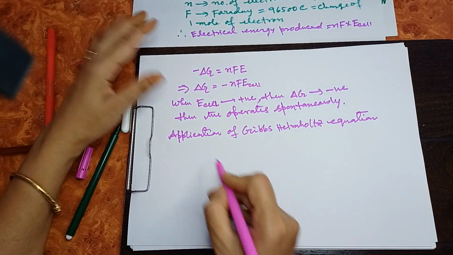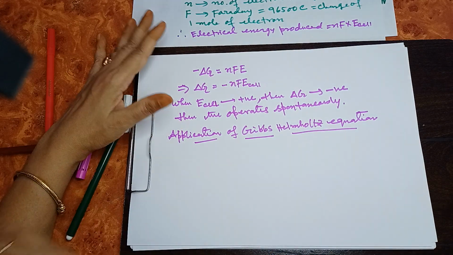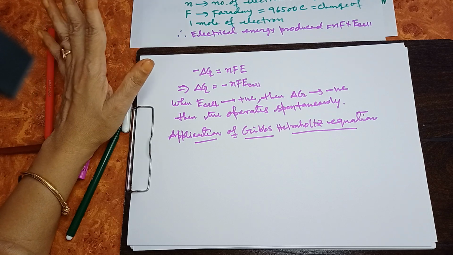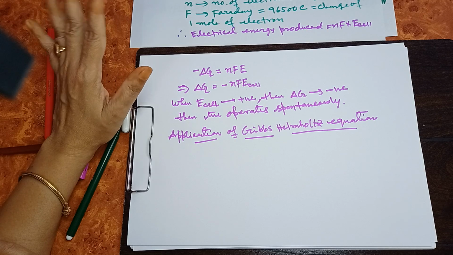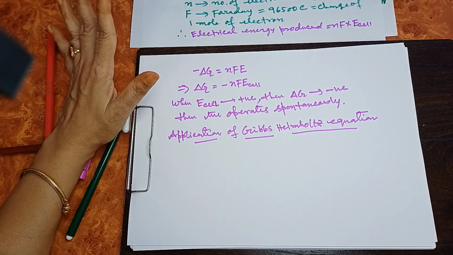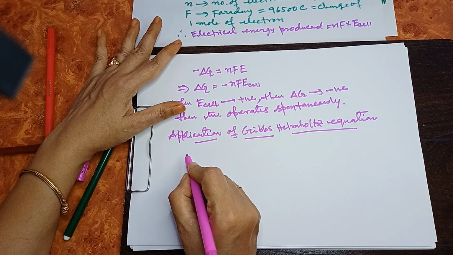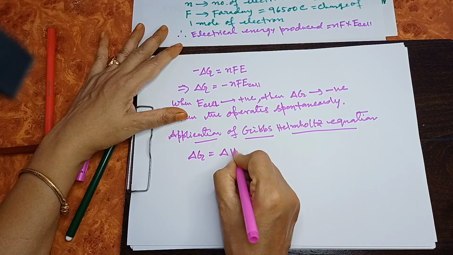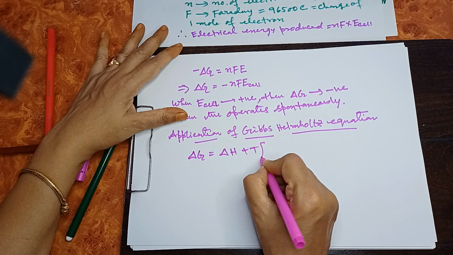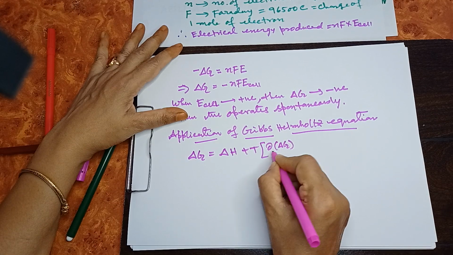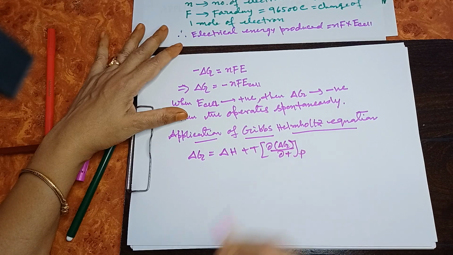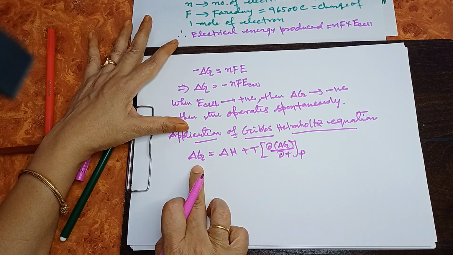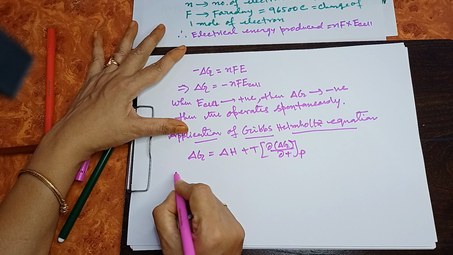In video number 109, I explained the Gibbs Helmholtz equation and derived all its forms. You can refer to that; the link is given in the description box. So, what is the Gibbs Helmholtz equation? delta G is equal to delta H plus T dou delta G by dou T at constant pressure. Now we know that delta G is equal to minus nFE in the galvanic cell.